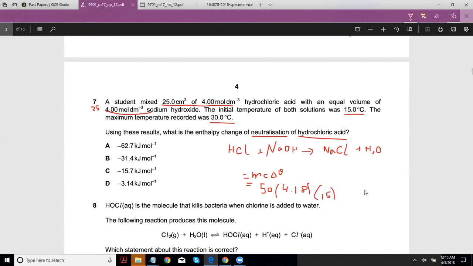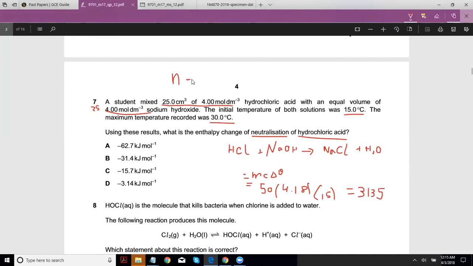So this is the total energy produced, which is 50 into 4.18 into 15, which is 3135. And it's by 4 moles, right? Would we divide this by 4? We'll need to calculate moles.